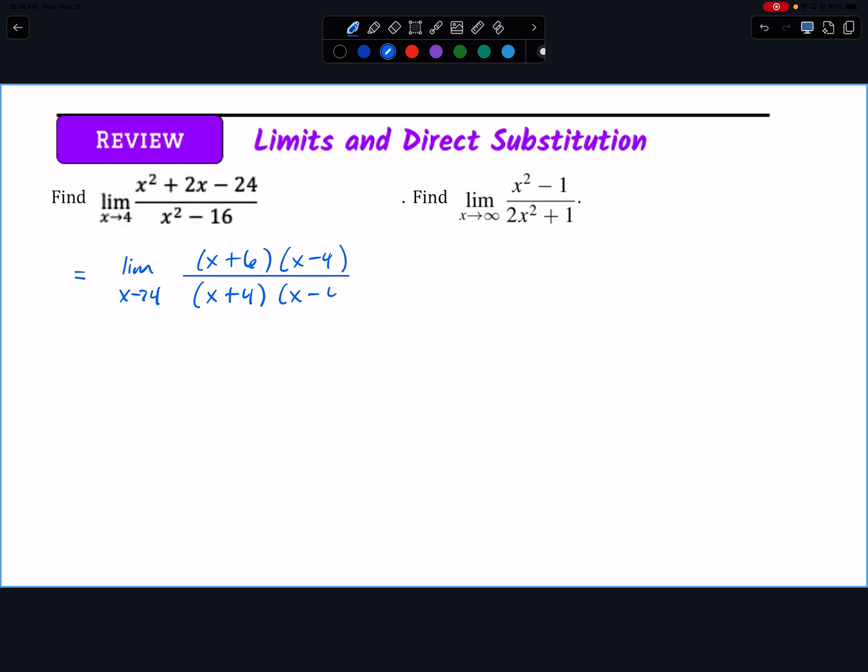Do I have a common factor? X minus 4. So what happens to those? Cancel. Am I allowed to plug in 4 now? Yes. If I plug in 4 into the top, what's 4 plus 6? So this becomes 10 over 8, which reduces to 5 over 4.